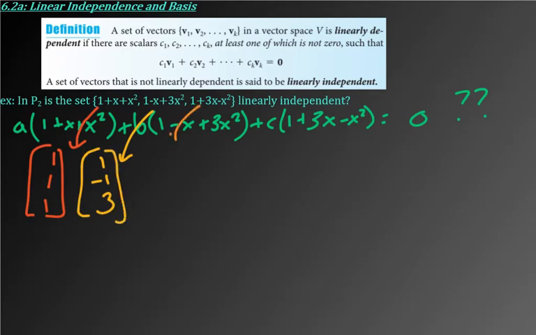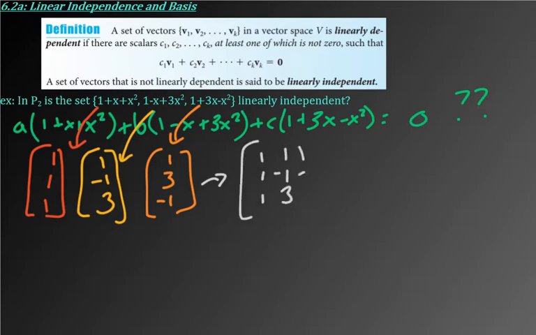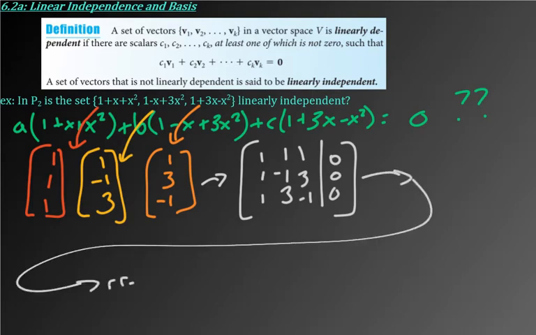And this last one is 1, 3, negative 1. So the faster way to do this problem is to augment 1, 1, 1, 1, negative 1, 3, 1, 3, negative 1 with 0, 0, 0, and just RREF. So let's just do this. RREF.